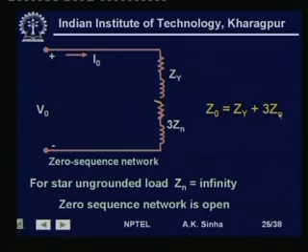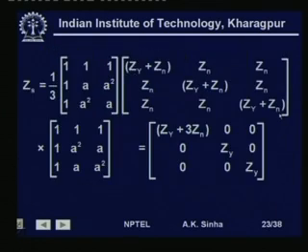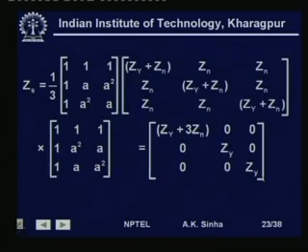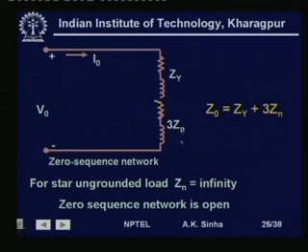Now, if the neutral was not grounded, then what would have happened? This Zn, since this is an open circuit, would be infinity, which is the same as saying that this will be open.